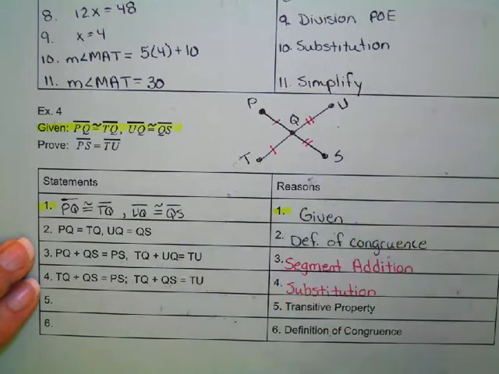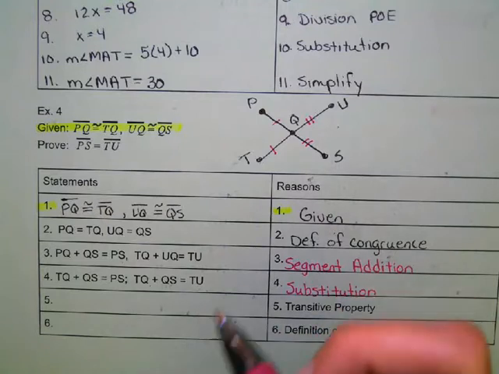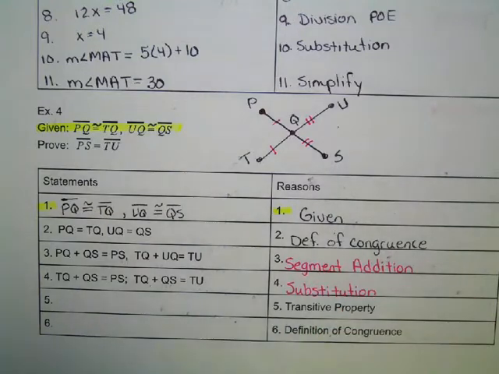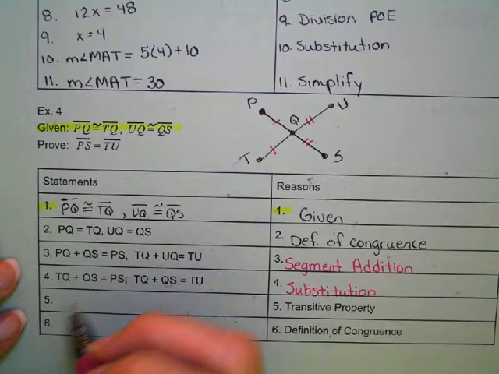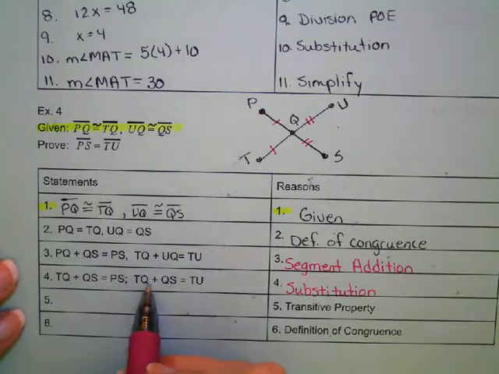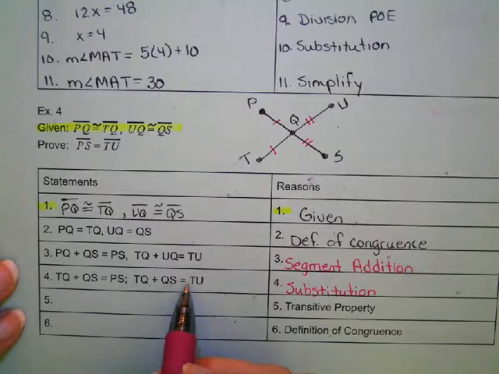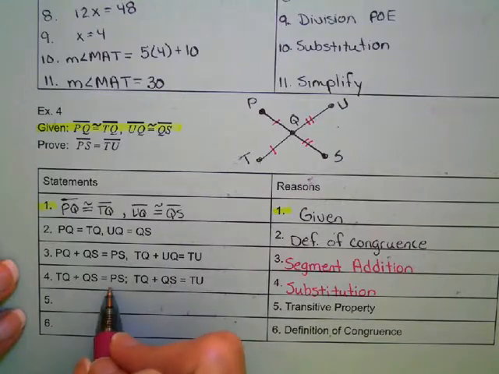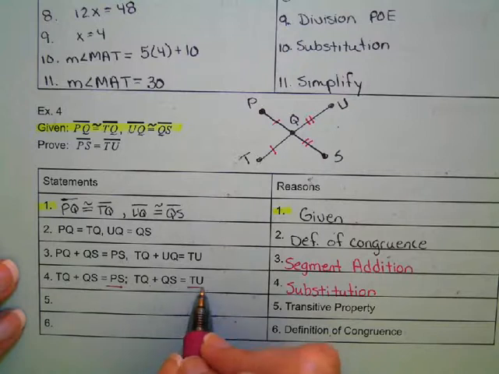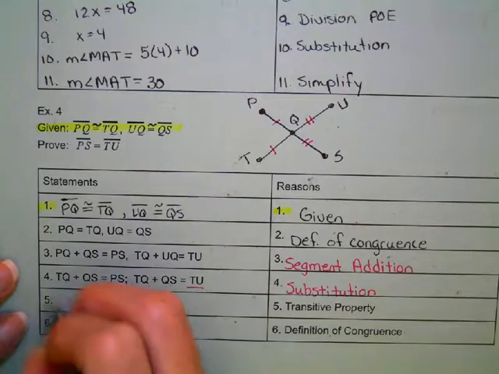Okay. So now, by transitive property, we can say, if you look at this, TQ plus QS equals PS, and TQ plus QS equals TU. If these two things are both equal to the same thing, then I know PS is equal to TU.